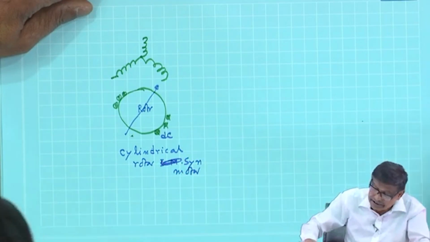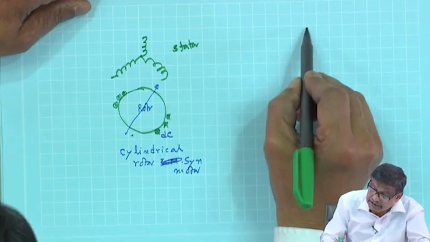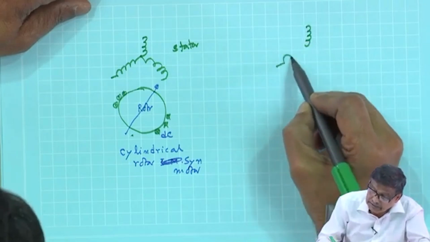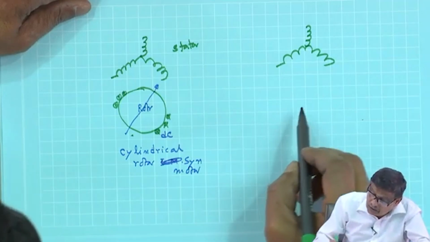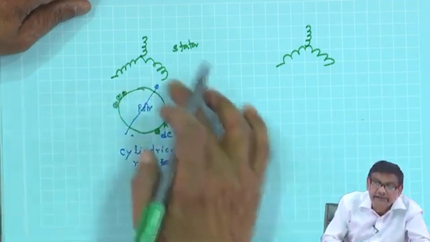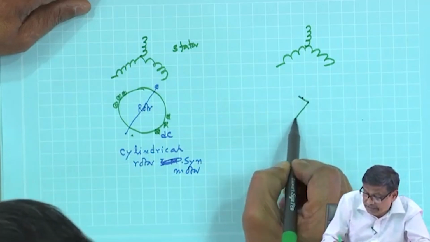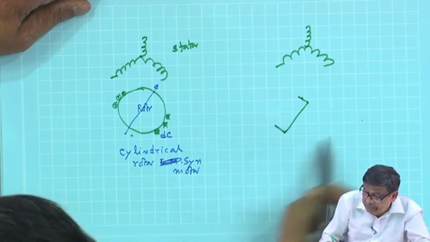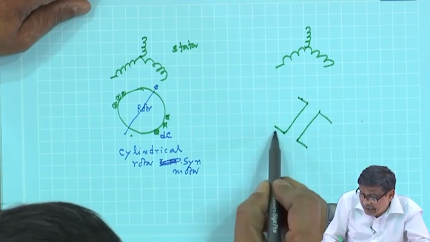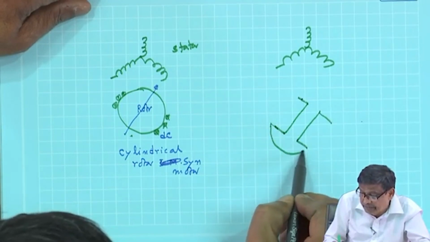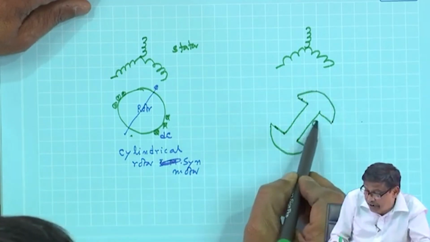You can have another variation. This is the stator. The stator winding remains the same, a 3-phase winding, and on the rotor, instead of a cylindrical structure, you can have a projected pole like this. I am drawing a 2-pole configuration, because a 4-pole can also be drawn, and here you have coils.